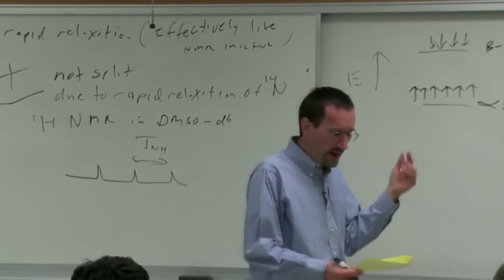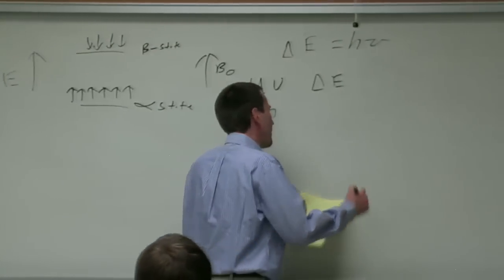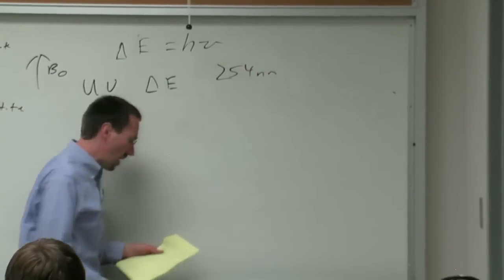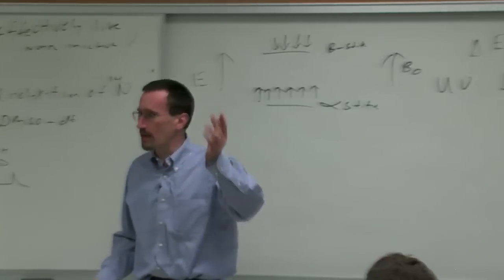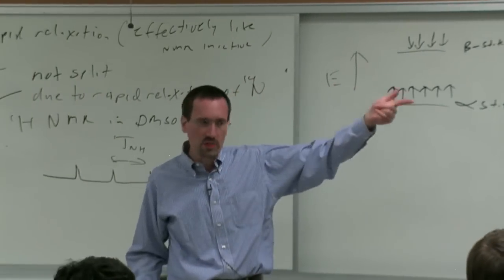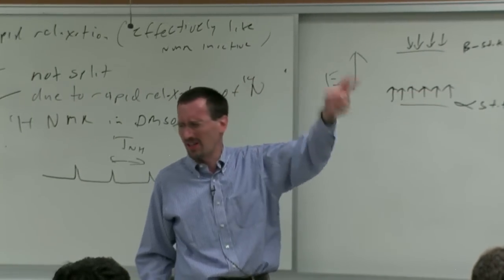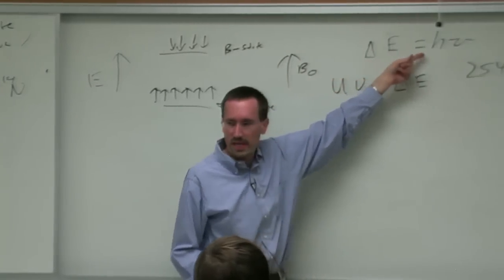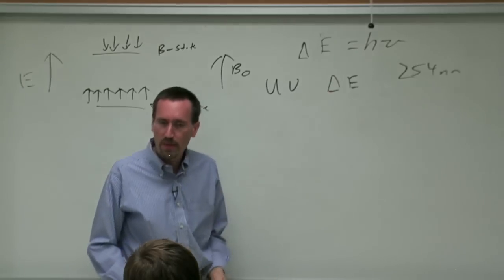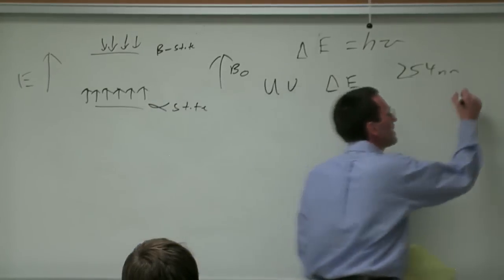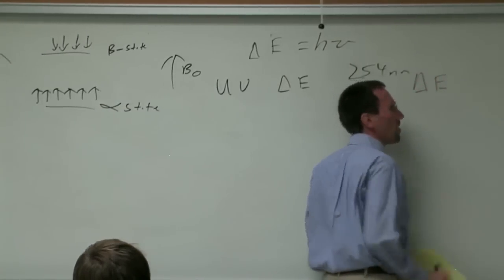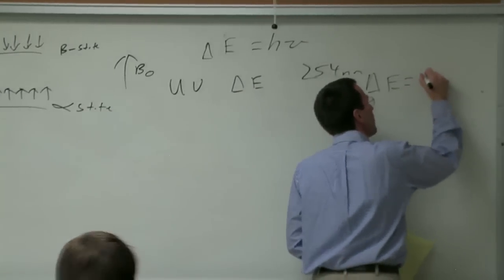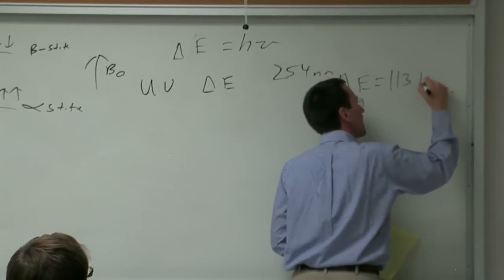If we take 254 nanometers and plug into c equals lambda nu, you calculate nu, the frequency, and then you calculate E equals h nu with Planck's constant. You get the delta E corresponding to a photon in the UV is 113 kilocalories per mole.